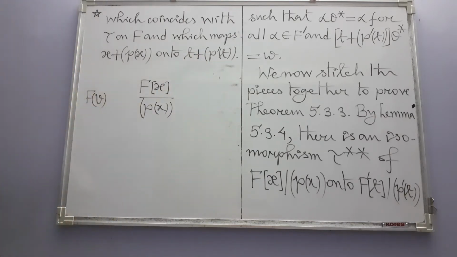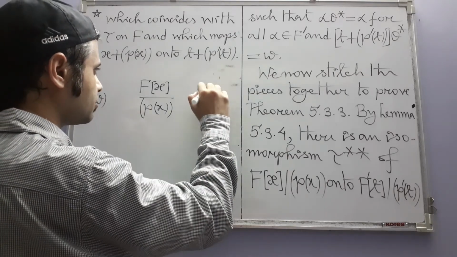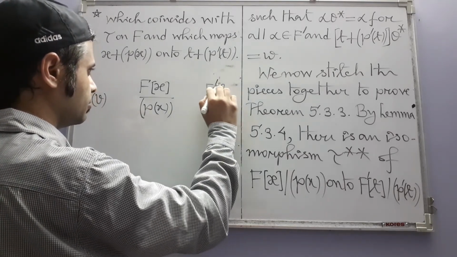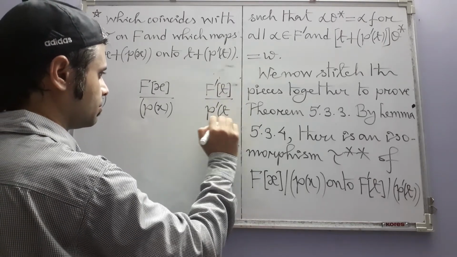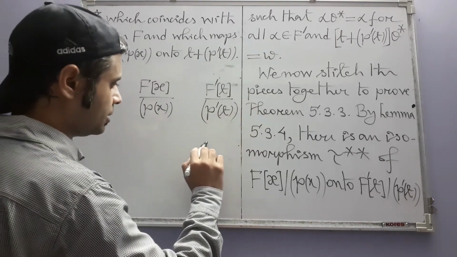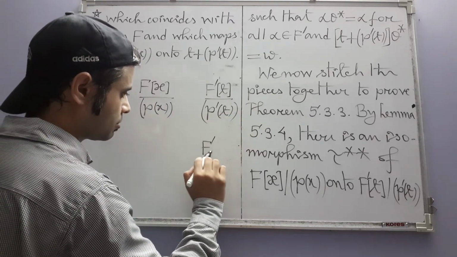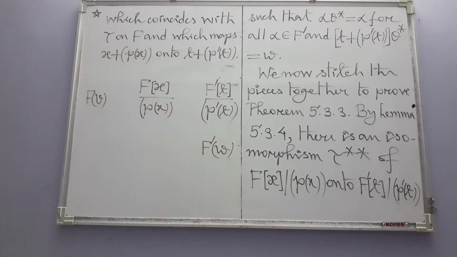Some people write quotient structures this way, instead of using a slash like this. And then we have this other quotient ring F'[t]/(p'), and then here we have this other field.